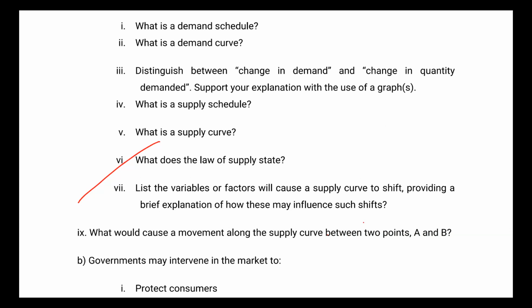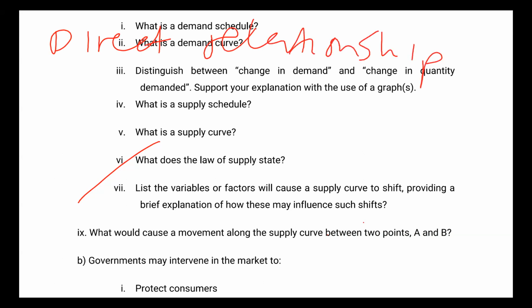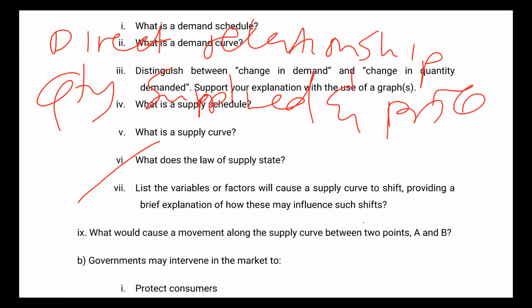There is a direct relationship between what? The quantity supplied and the price. Yes. Any other way of putting it? Thank you for that one.